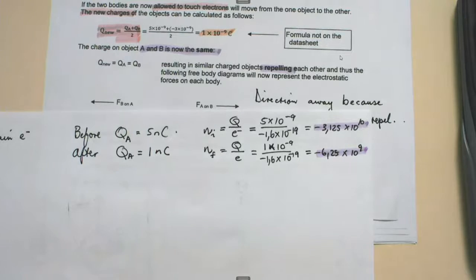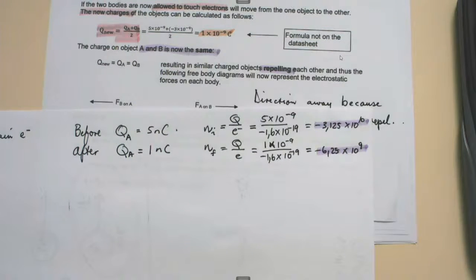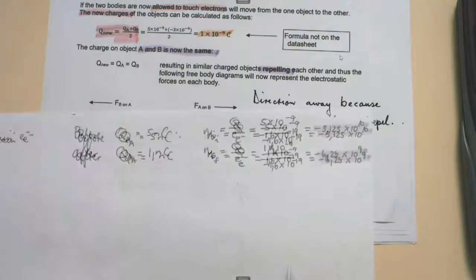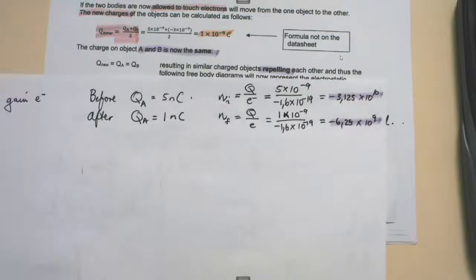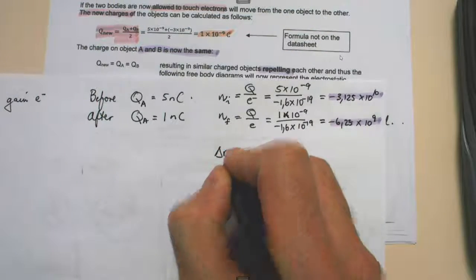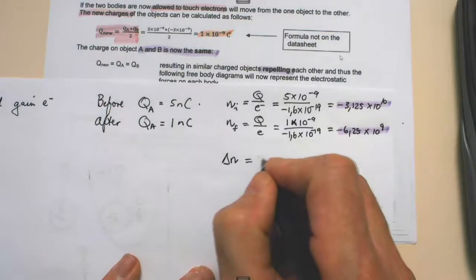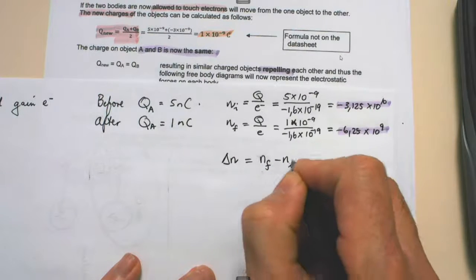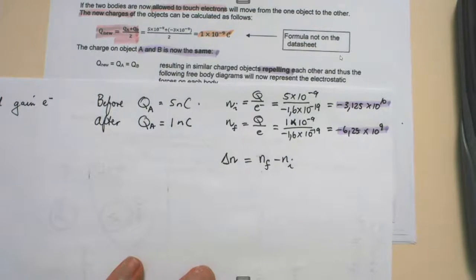So you can see that this number is more than that number. No, that one is more than this one. Okay, so now to get the number of electrons that it received, because that was the question. The change in the number of electrons thus was my final number minus my initial number. Now I'm seeing what is the difference in electrons.